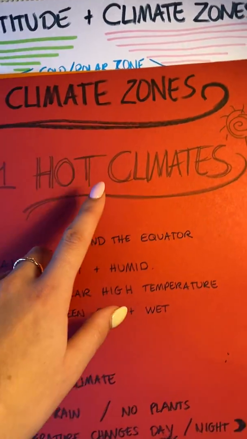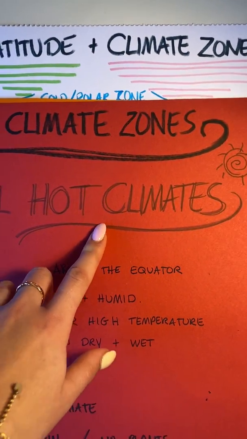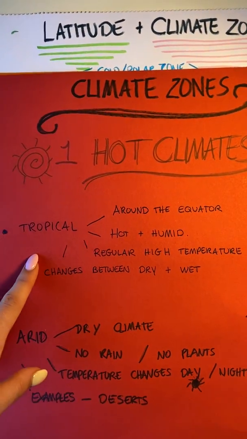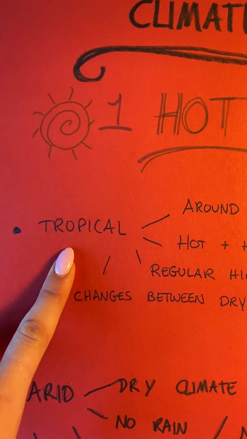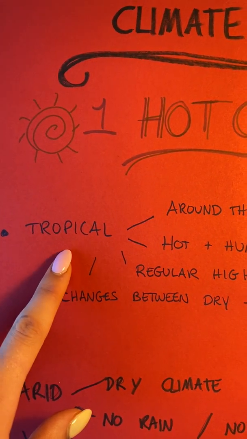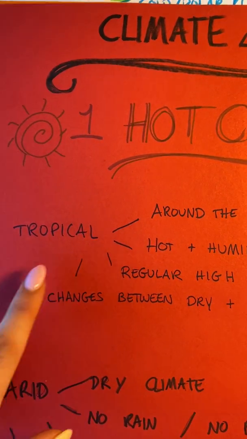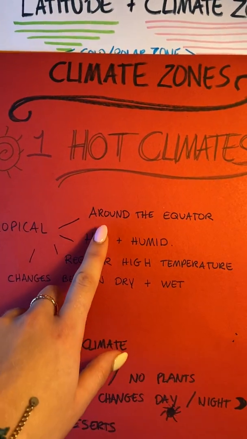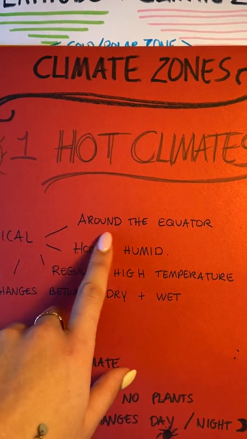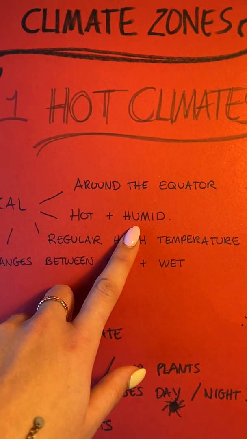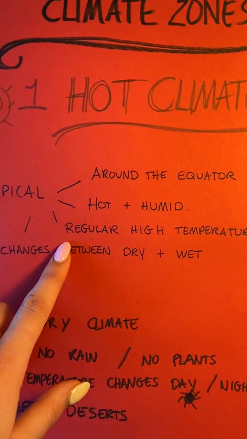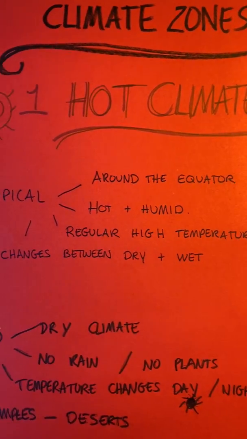So, hot climates. Examples are tropical. Now these mainly exist around the equator. They are hot and humid, and they have regular high temperatures.